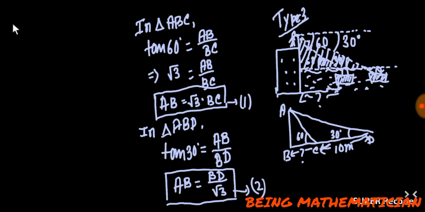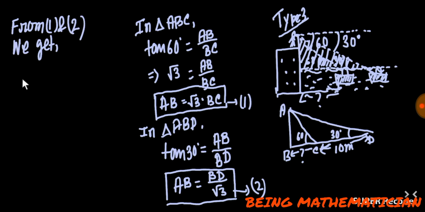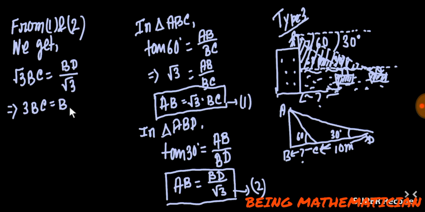Now, from 1 and 2, we get root 3 into BC is equal to BD by root 3. Now multiplying root 3 on both sides, we get 3BC equal to BD.